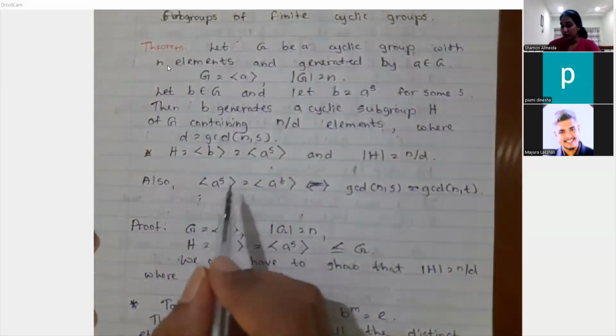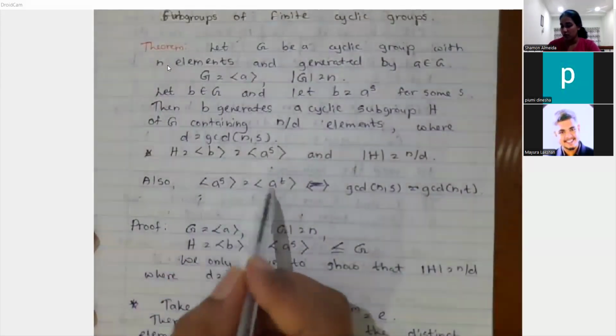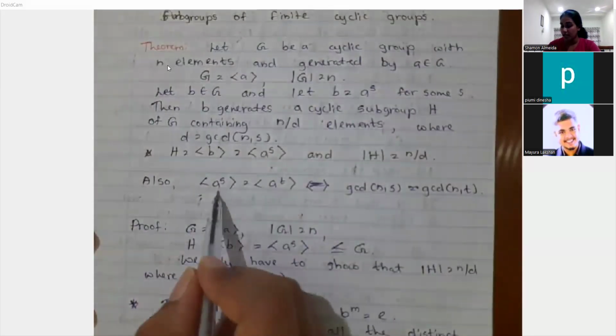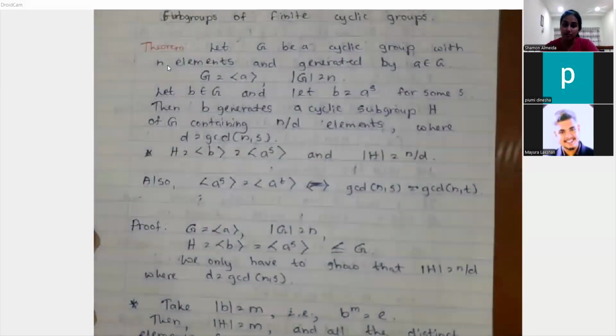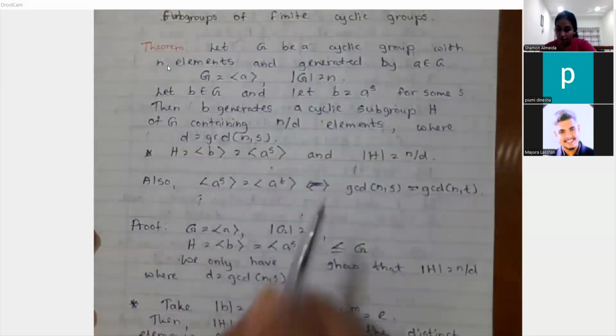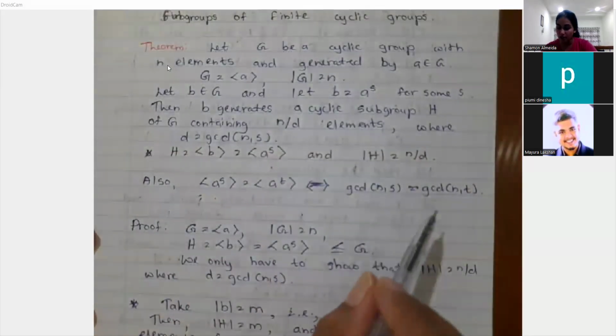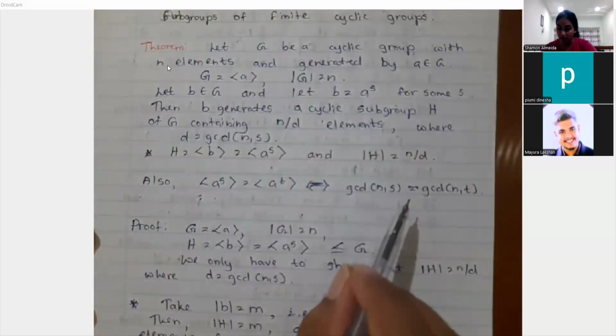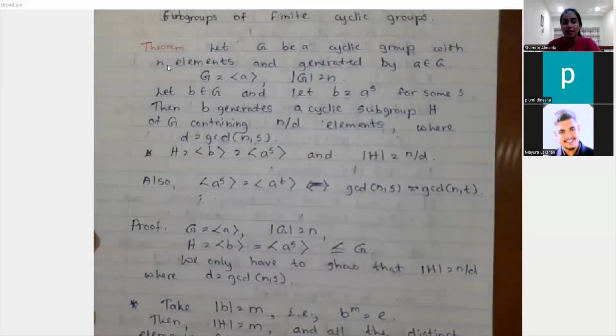This tells you these two subgroups are the same. Now, A is the generator of G, right? These two subgroups are the same if and only if the greatest common divisor of n and s is the same as the greatest common divisor of n and t, right?